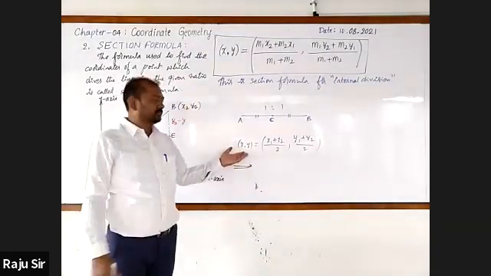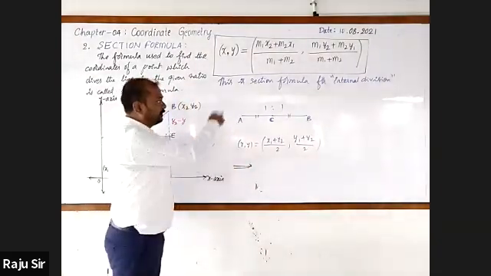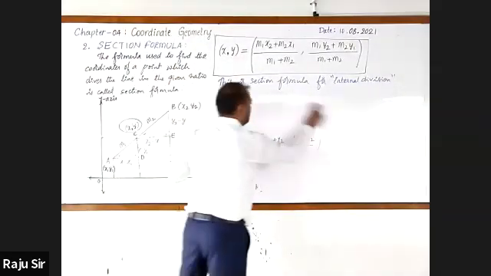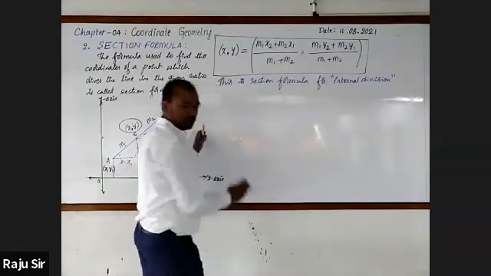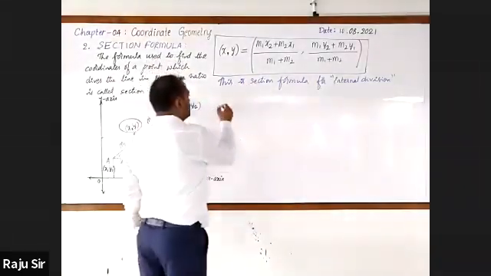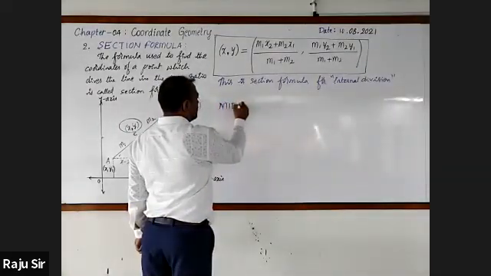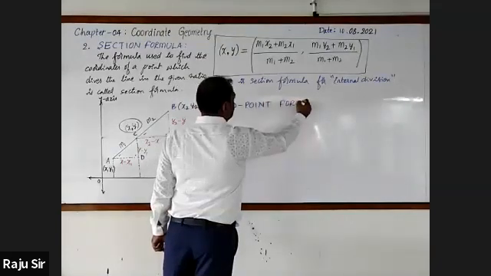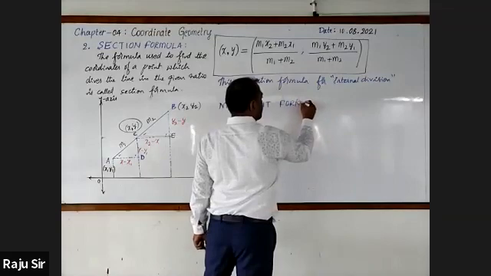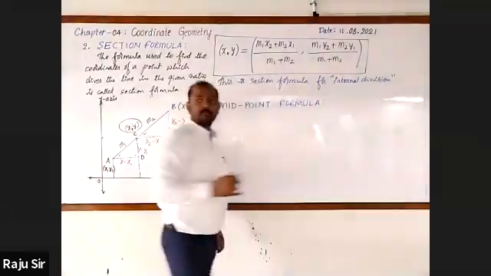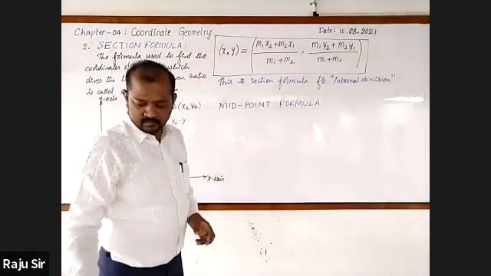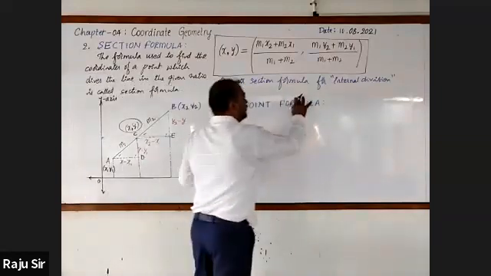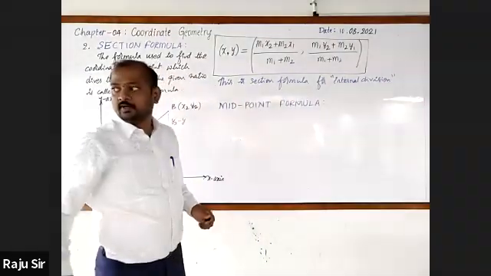Come to first bench. Now, just below that, on the right side, midpoint formula. Here, just draw a straight line.